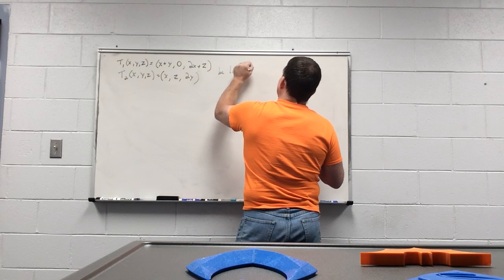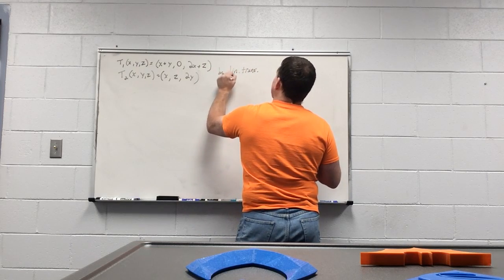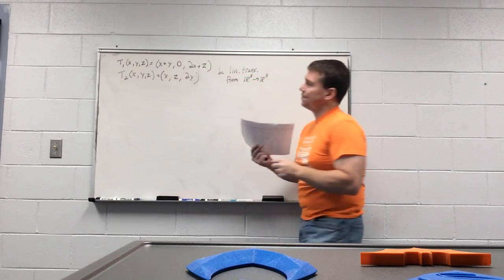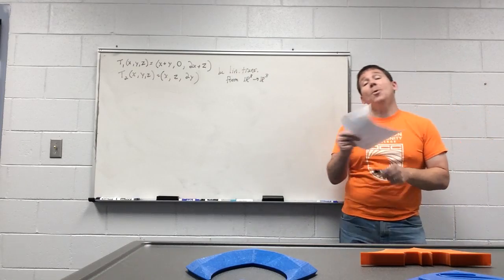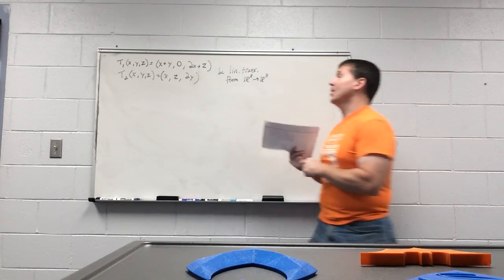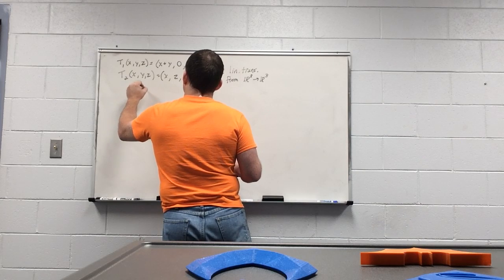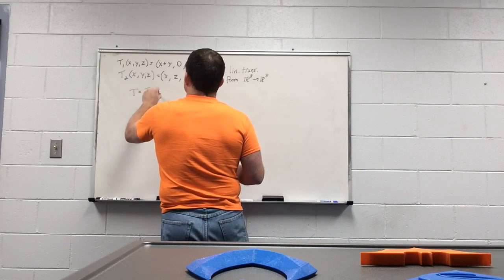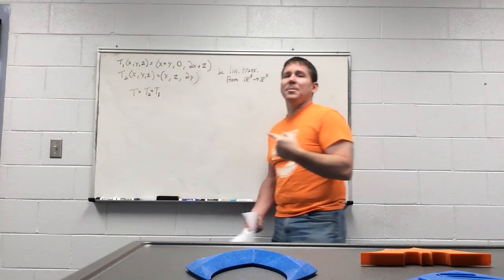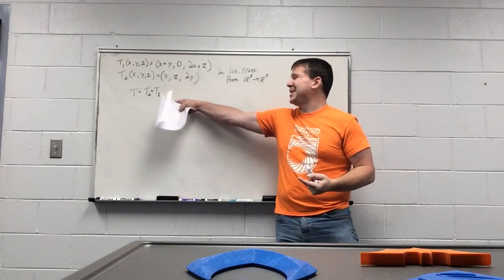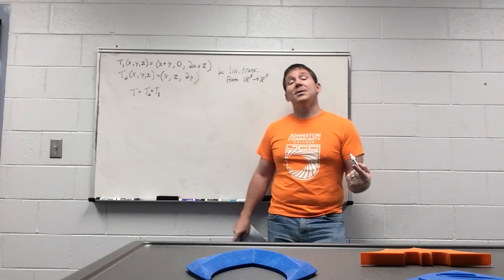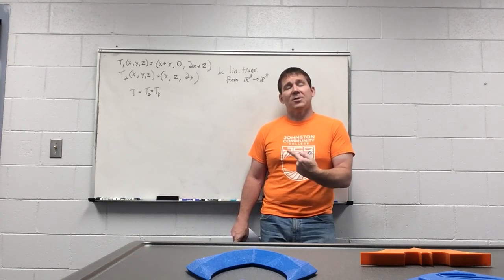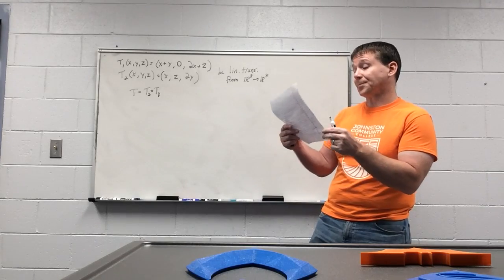These are linear transformations, and we'll go from R3 to R3. I want to find the standard matrix for the composition T, which is equal to T sub 2 composed with T sub 1. And again, I do stress it will be T sub 2 composed with T sub 1 because you apply T sub 1 first and then T sub 2. But you understand you can do this in different orders. So just make sure you read and pay attention carefully.